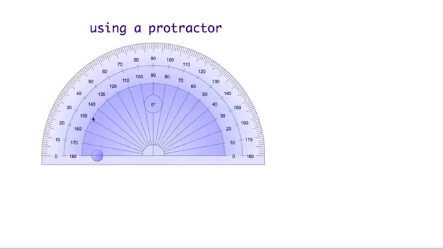The protractor has numbers along the inside and along the outside. And you can see that it also has a baseline right here, and that goes from 0 to 180. The numbers we will use depend upon the direction of the angle and the size of the angle.